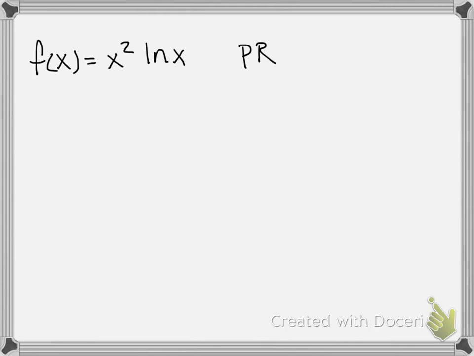So basically that's going to be the first times the derivative of the second, and the derivative of ln x is 1 over x, and then plus the derivative of the first, which is 2x, times the second.